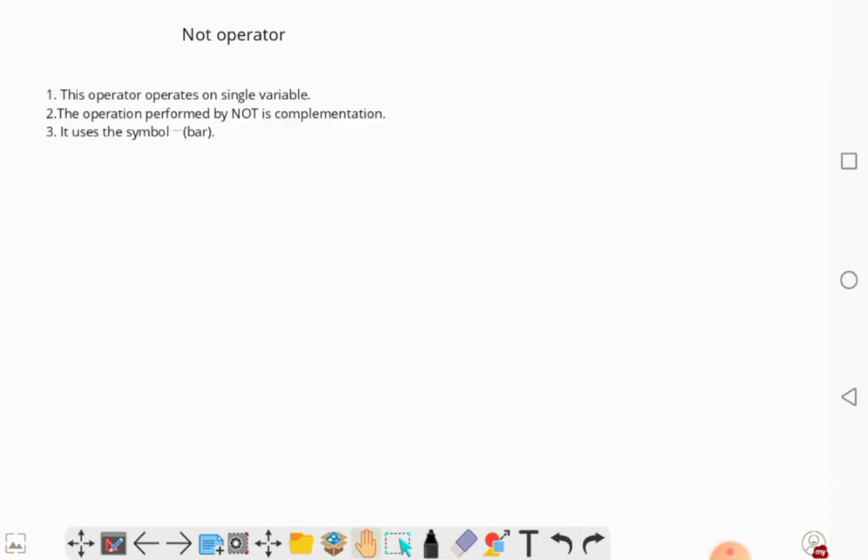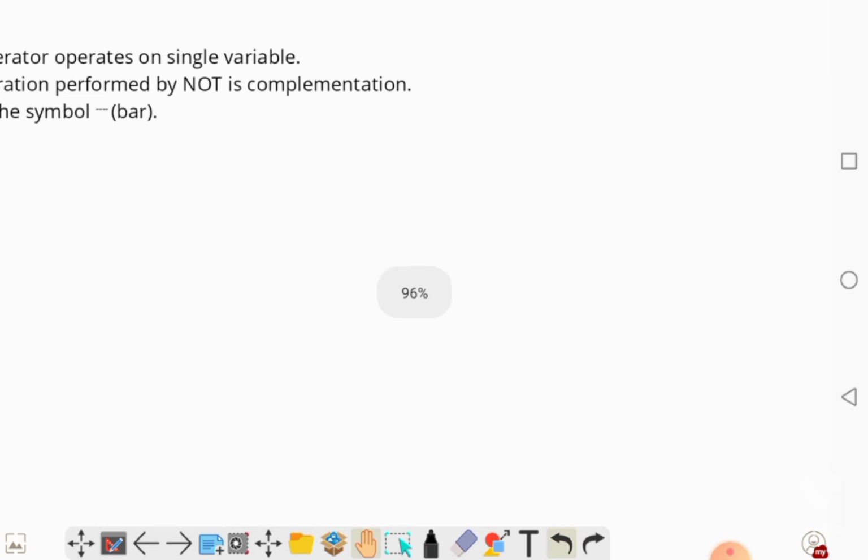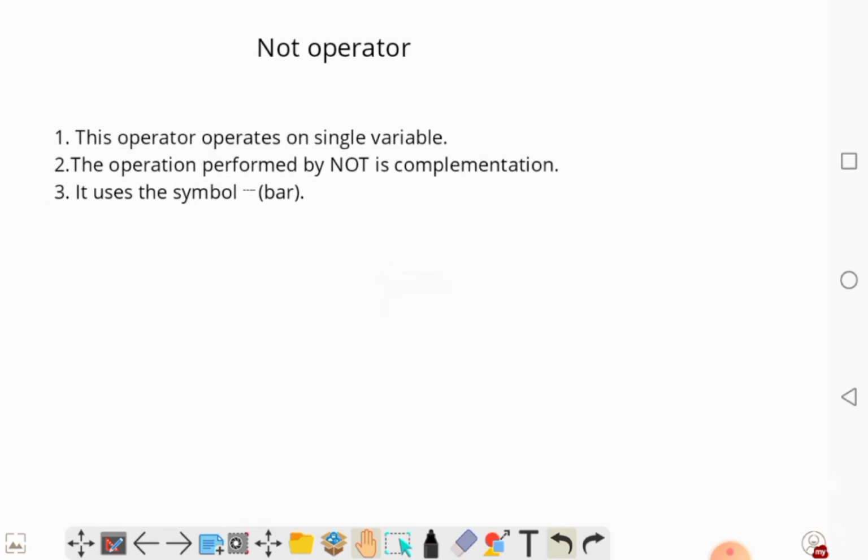What do you mean by not operator? The first operator we have is the not operator. What is meant by not operator? This operates on a single variable.